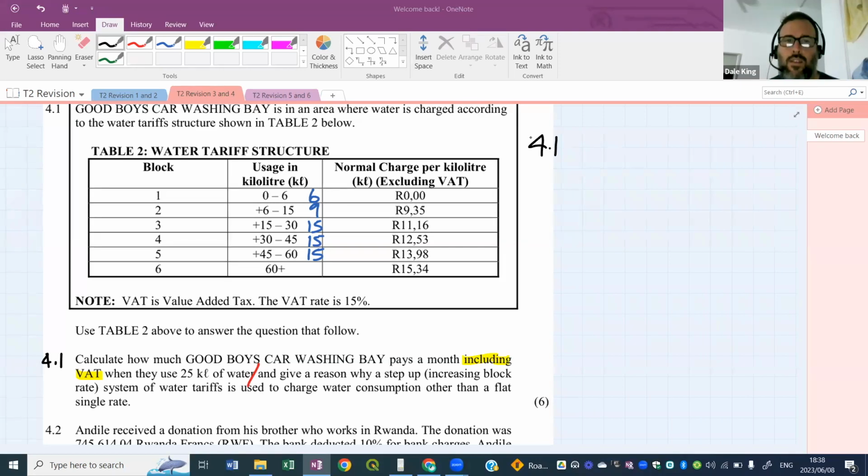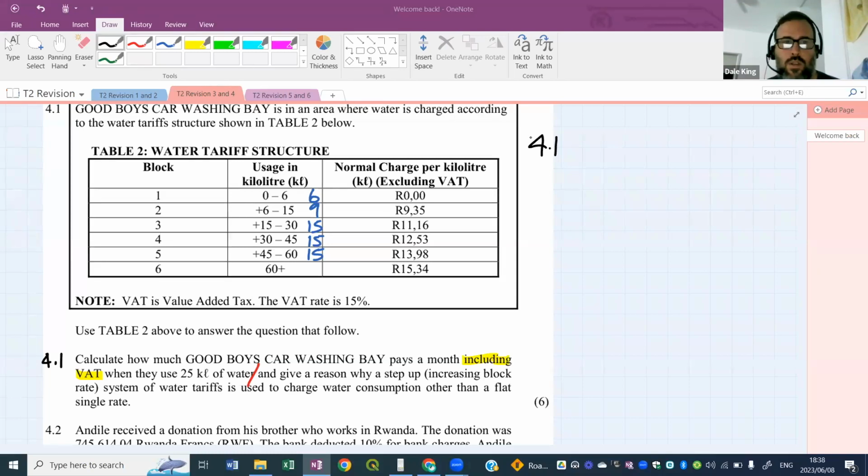And then you're going to take the amount that you got, and multiply it by the amount that is next to the usage of kiloliters. Then you're going to get your amount, and with all the amounts that you got, you're going to add them. You're going to get your total. Then you're going to include your VAT. Absolutely, Vuyo. I couldn't have said it better. All right, you're absolutely correct. Now there's a lot of detail that we didn't say, but her method is absolutely correct.